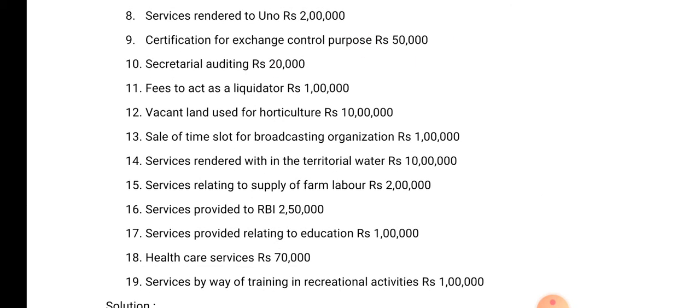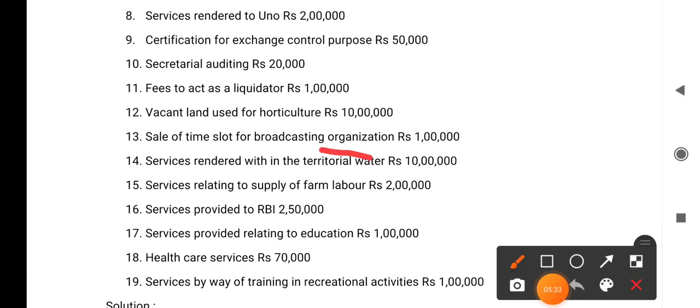The next is sale of time slot to broadcasting organization, because you know that in the advertisement, in television or other social media, they collect the amount based on the time slot. They collect the fees for broadcasting the advertisements. So, this amount is taxable. This is a service charge, like supply of services actually.